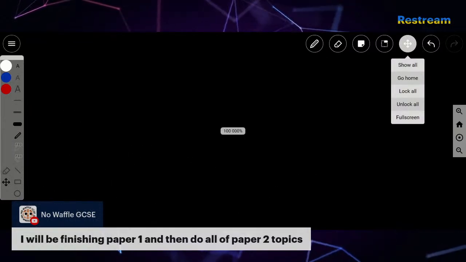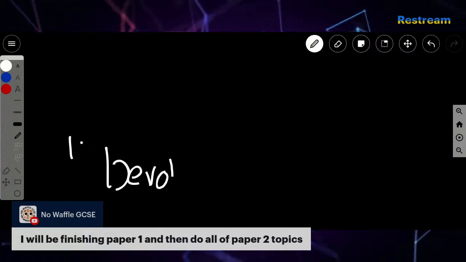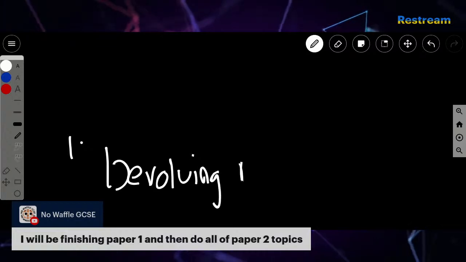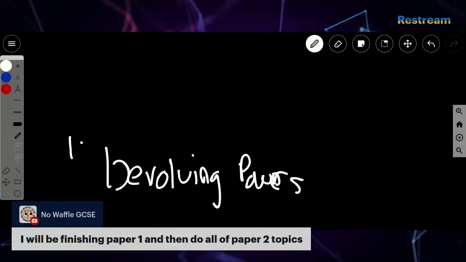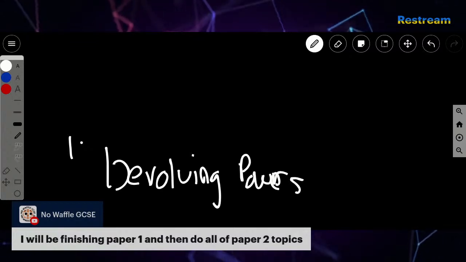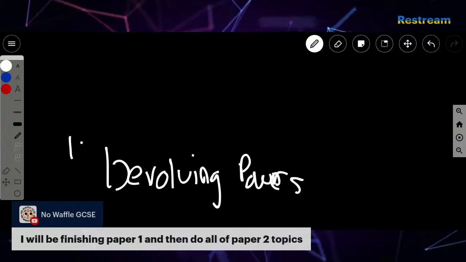Devolving more powers means that instead of the government controlling the whole of the UK from one place, it is giving powers to local councils so that they can manage their own things.